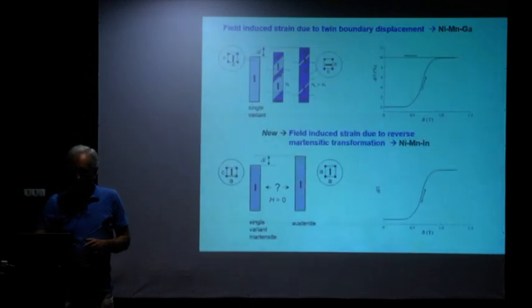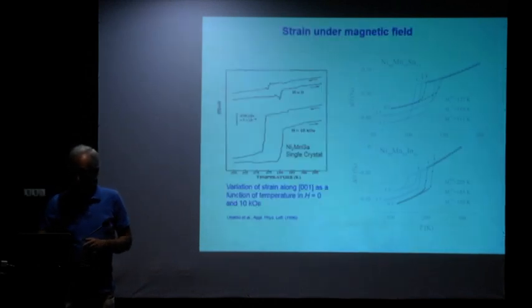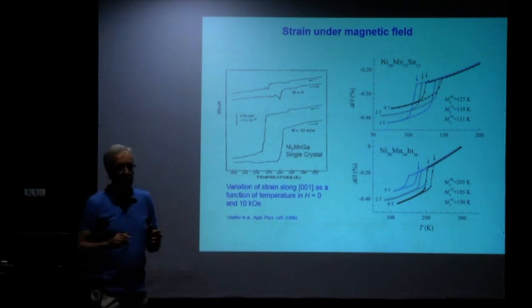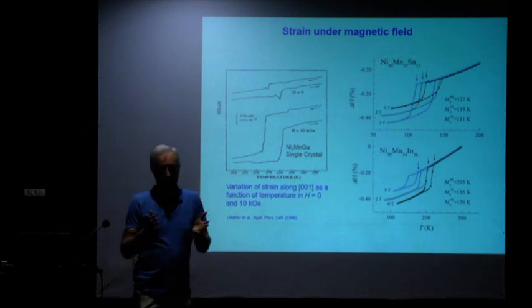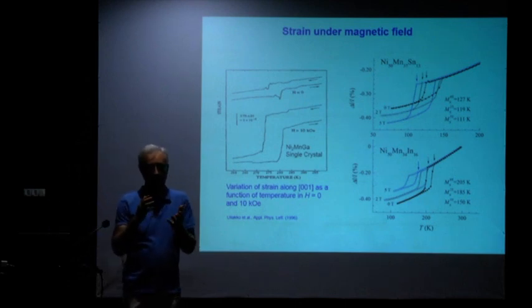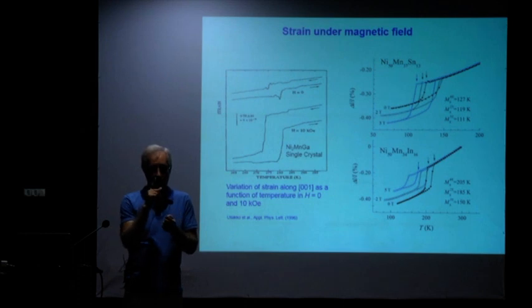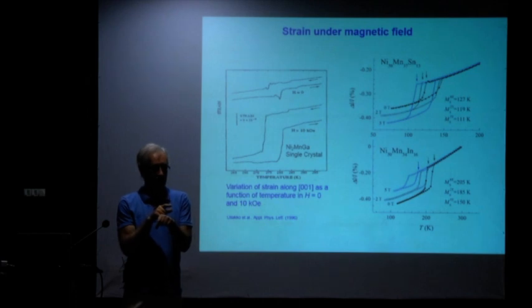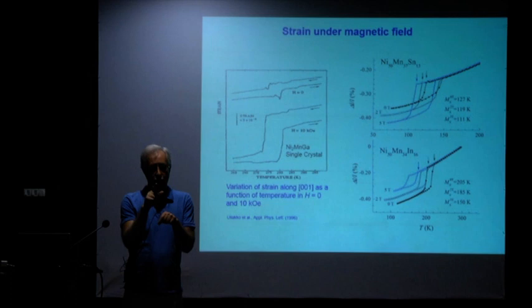So now, if you're talking about the strain process, in this case, it is again an interaction between the magnetic field and whatever is growing. So in the beginning, you have a cubic ferromagnetic state.